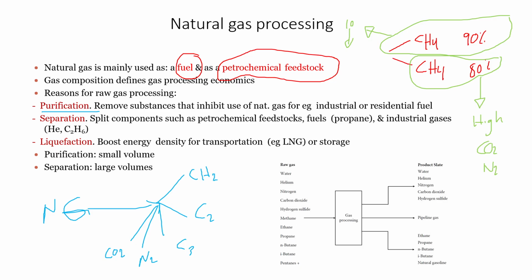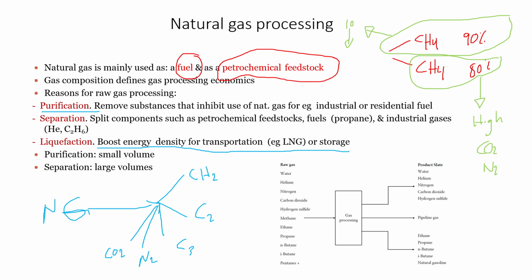The third one is what we call the liquefaction, where when we do the liquefaction we do one thing, which is the positive energy density for transportation and storage. As we mentioned earlier, liquefaction means that you convert the gas into liquid in order to reduce the amount of volume that you are processing, transporting, or storing as well. This means that you are condensing or increasing the energy density in your stream or in your component or in the gas.